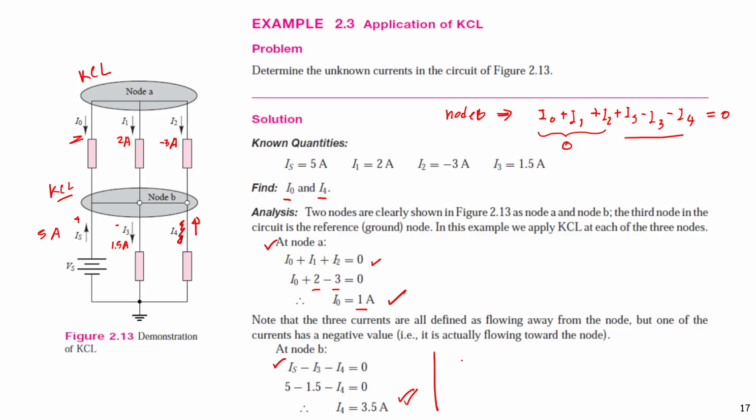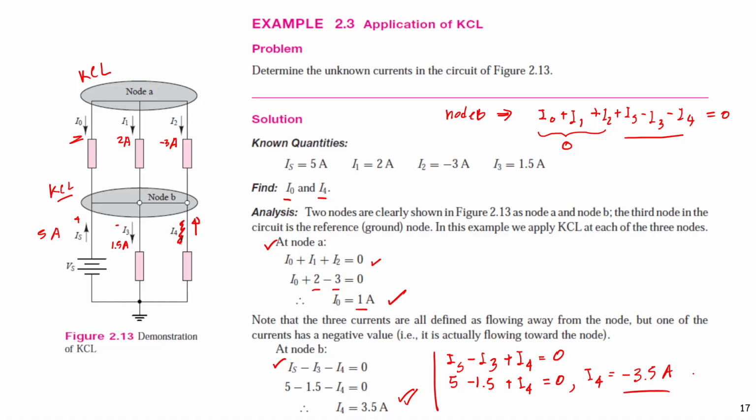Our equation will be IS minus I3, since I3 is flowing out, and then I4, if we assume I4 flowing into the node, so we plus I4 here equal to 0. So IS is 5 minus 1.5 plus I4 equal to 0. With this equation, we get I4 at minus 3.5 amp.